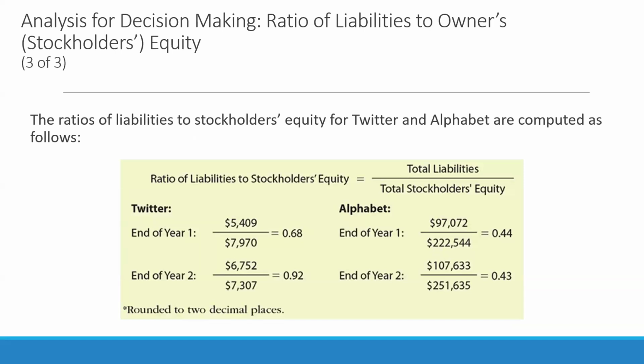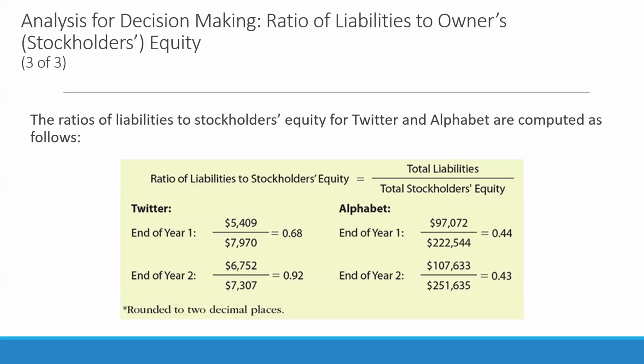The point of the analysis we do for this is that at the beginning of the year, Twitter had a liability to equity ratio of 0.68. Google had one of 0.44. If a bank is looking at a business and determining whether to lend them more money, if they have more equity and less debt, there's more of a cushion for the bank, because the losses of the business reduce the owner's equity, but not the liabilities.